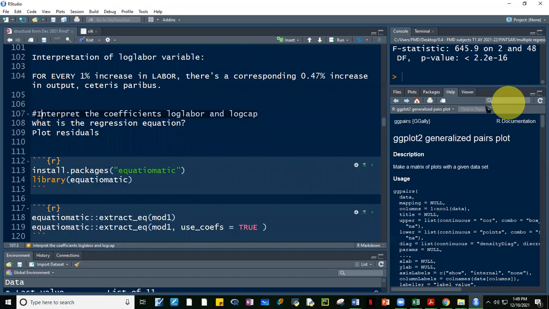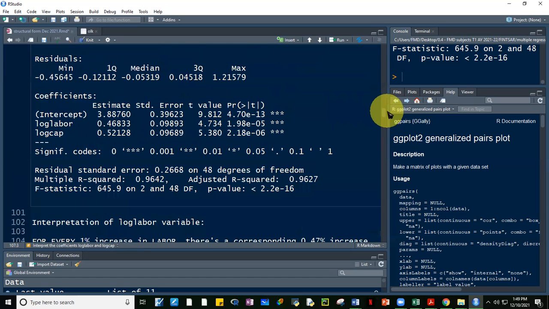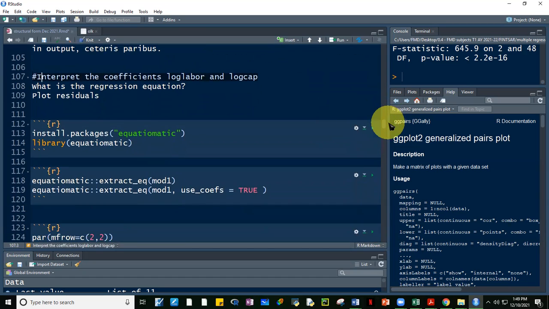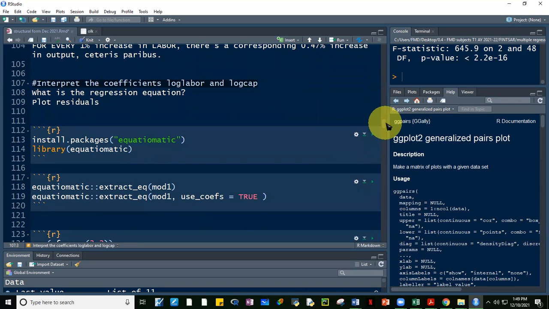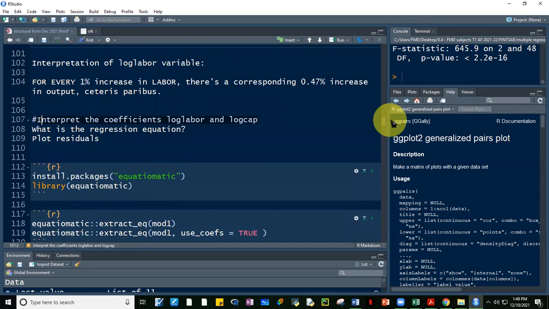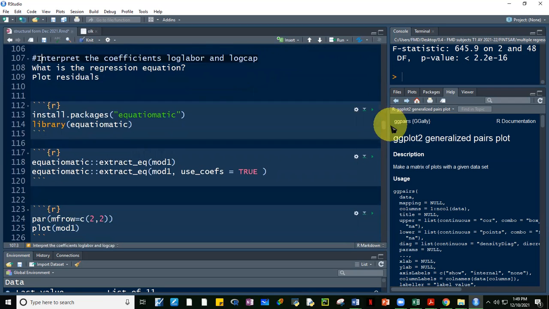Okay, any questions, guys? None, sir. Okay. So that's how, guys, you interpret kapag double log. Ang double log, guys, lahat ng variables natin naka-log siya, dependent variable at saka independent variable.